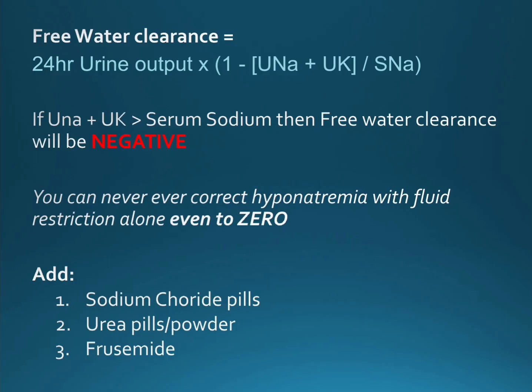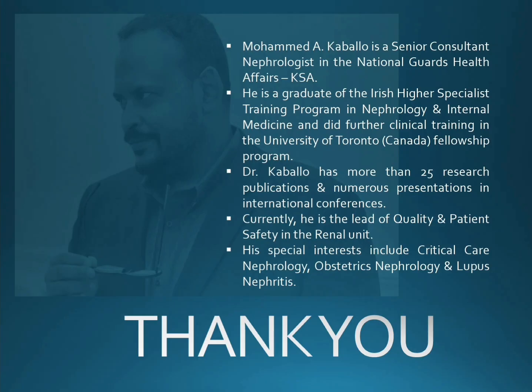So this 9-step approach is a way to organize your thoughts while approaching these patients, okay? But again, I can't emphasize enough the importance of clinical assessment of the patient as soon as you see them, okay? So that's all about the step approach for hyponatremia.